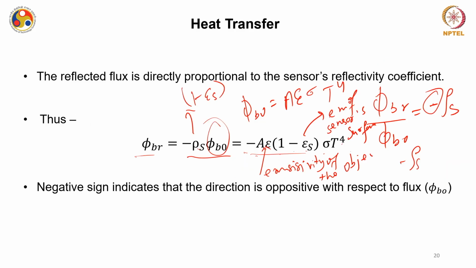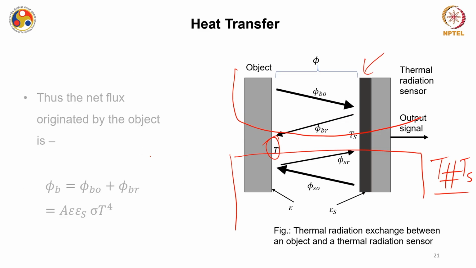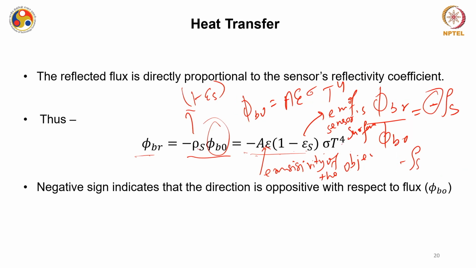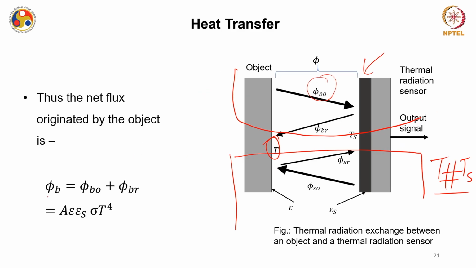So this phi b r I know now. The net flux originated by the object is basically phi b naught minus phi b r. Since I have already considered the sign of phi b r, I am writing phi b is equal to phi b naught plus phi b r.